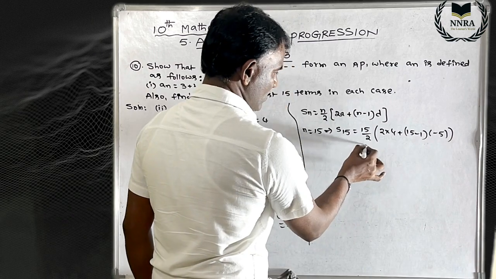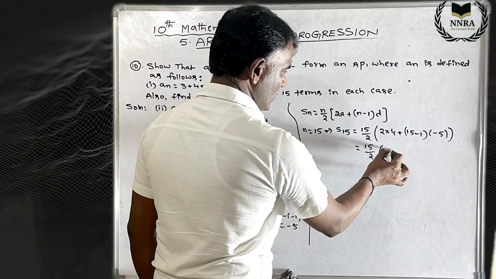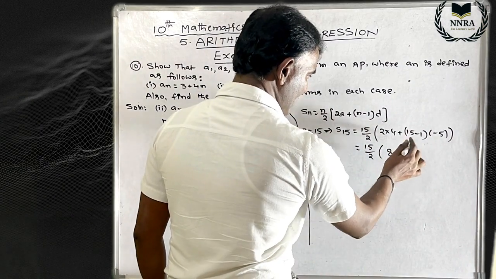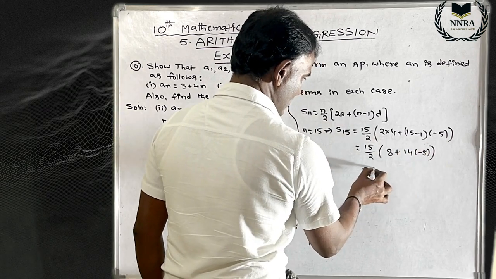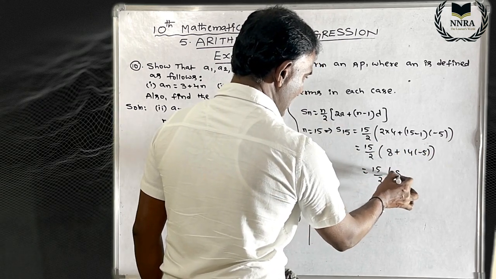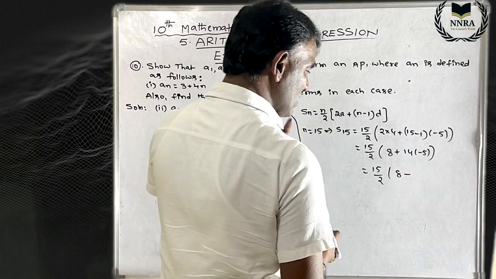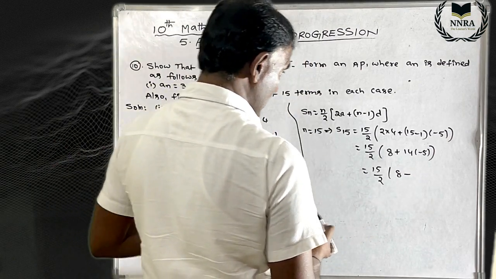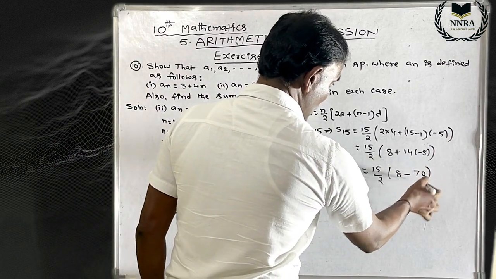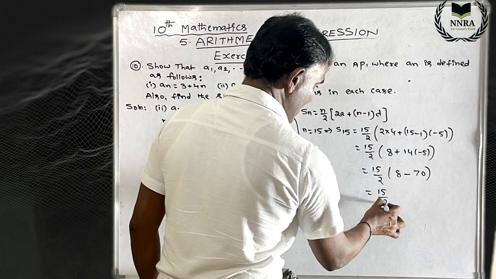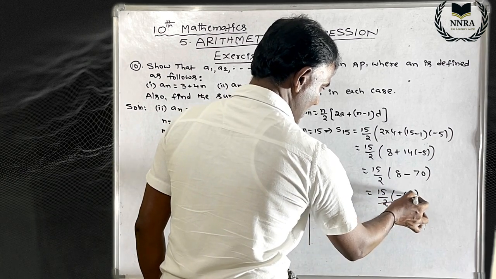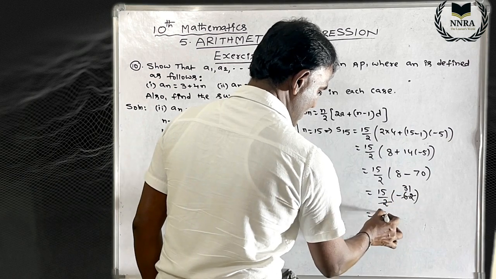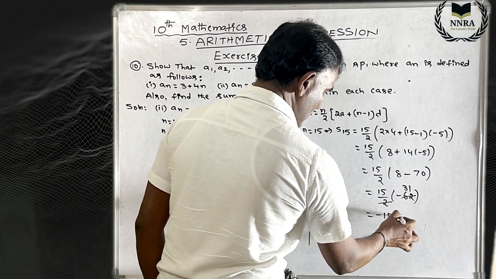Right? So 15 by 2, so it is 8, and 15 minus 1 is 14 into minus 5. Then 15 by 2 into 8 minus 14 into 5, how much? 70. So now what is the difference here? 15 by 2, then minus 62. Then 31 times, then minus 15 into 31.